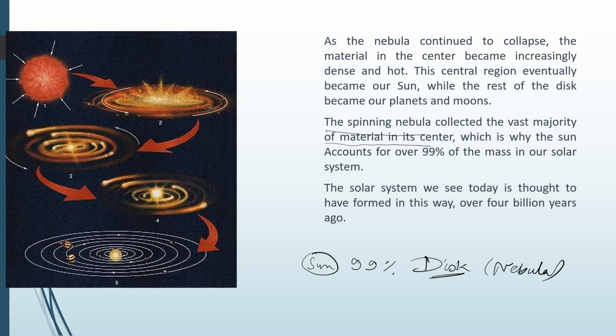So the sun is the most giant star, and our earth and different planets are rotating around it. The nebula is rotating and the sun is sitting at the center, and fusion reaction is going on here. This reaction happened around 4 billion years ago.